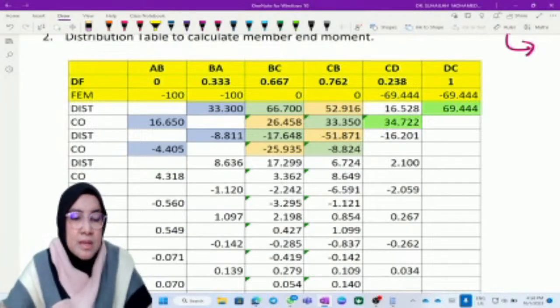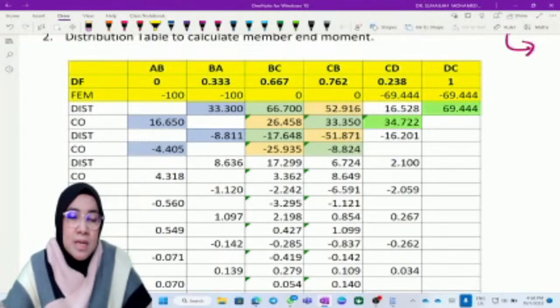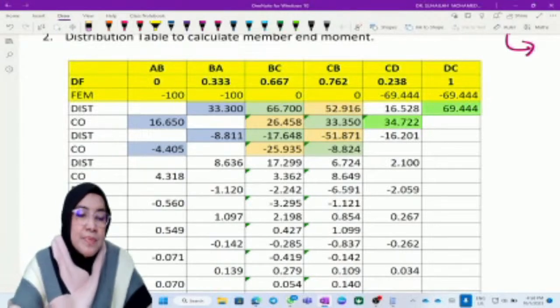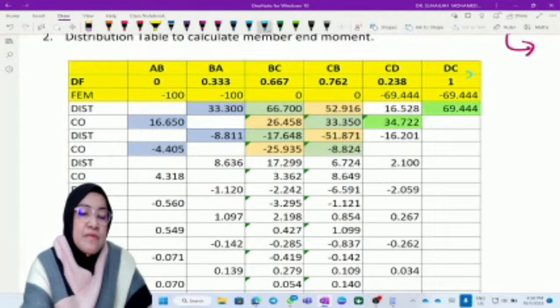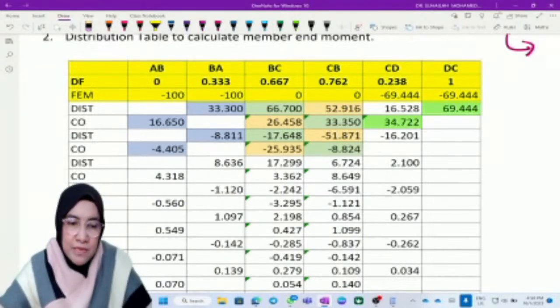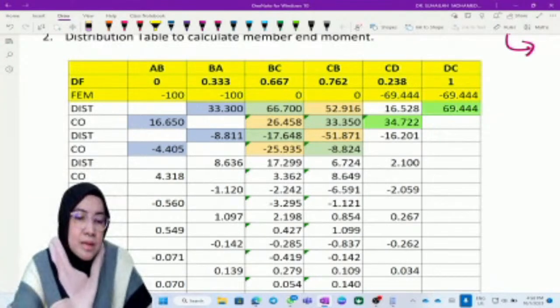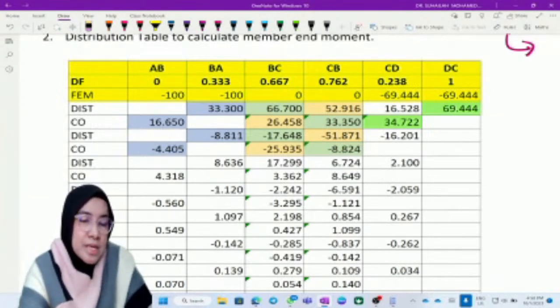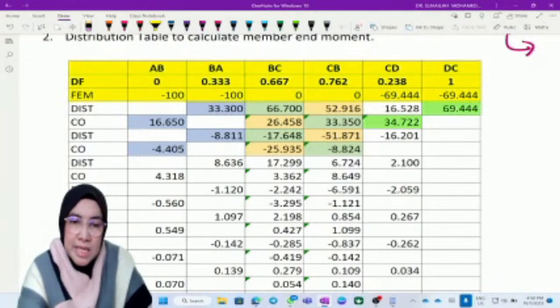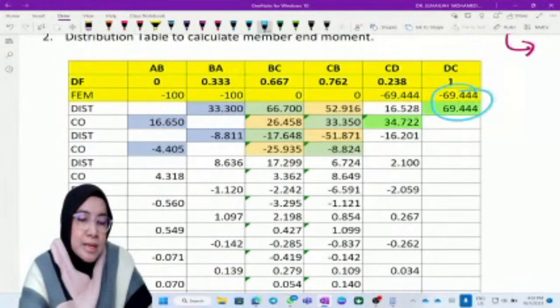For member CD, even though it is a pin, it doesn't matter. We assume it fixed first, then continue the distribution and carry the value to CD later on, and the total will cancel to zero. So it is negative 69, negative 69, both the same.